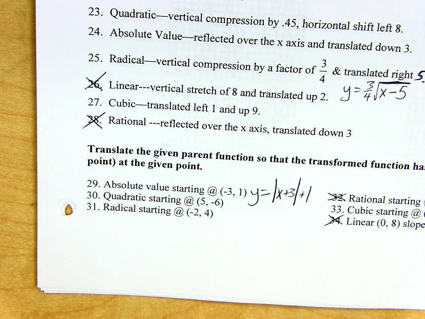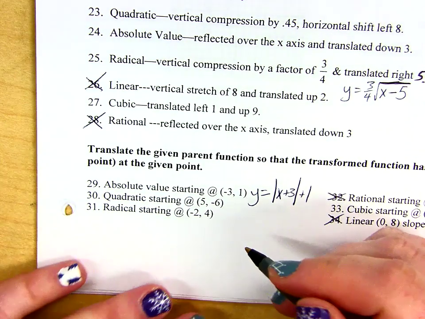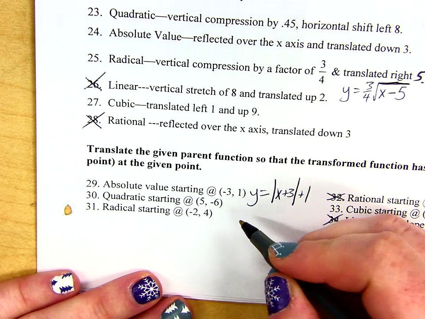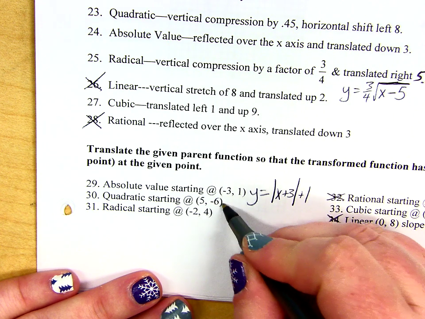So 5, 6 really means you're going right 5, down 6, but it's a quadratic, so what would that look like? Did you write this?